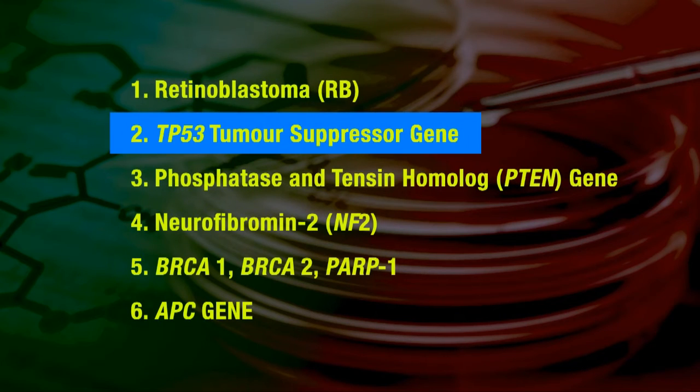Next is the TP53 tumor suppressor gene. The TP53 is another tumor suppressor gene, and it is also known as the guardian of the genome, as it plays a major role in inducing apoptosis when DNA repair is not possible after identifying DNA damage, and pausing the cell cycle progression to give time for repair.